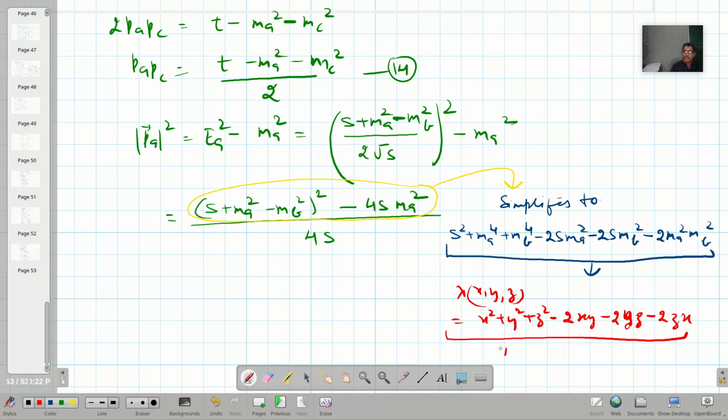This is the triangle function or Källén function.